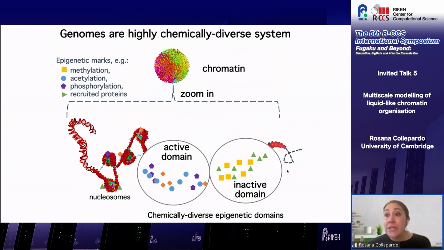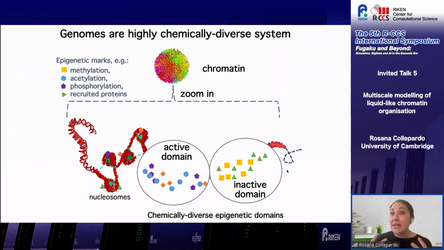The way in which nucleosomes help in this selective condensation of the genome to enable different functions is via an additional chemical code on top of the genetic code known as the epigenome. These nucleosomes carry different types of chemical modifications, including methylation, acetylation, and phosphorylation, and recruit a wide range of additional proteins.